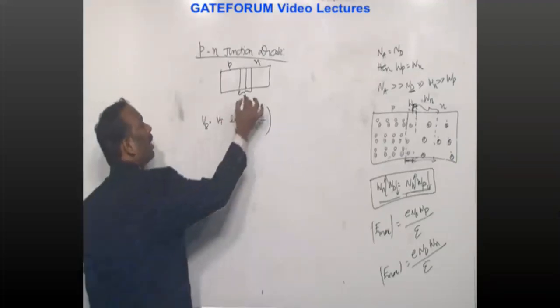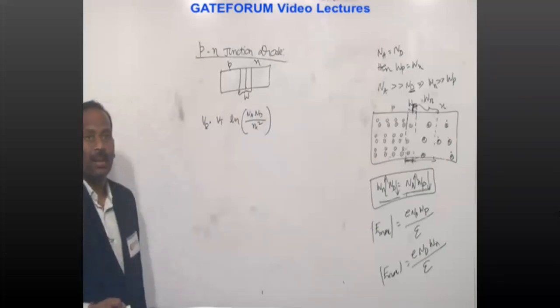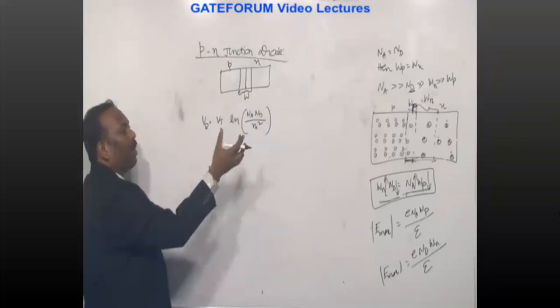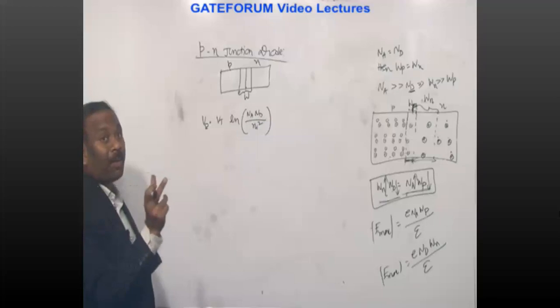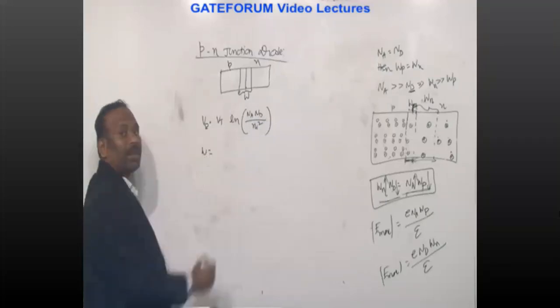Now let us suppose this is the width of the depletion layer. We know Wn, Wp. Now what is the formula for W, the width of the depletion layer?